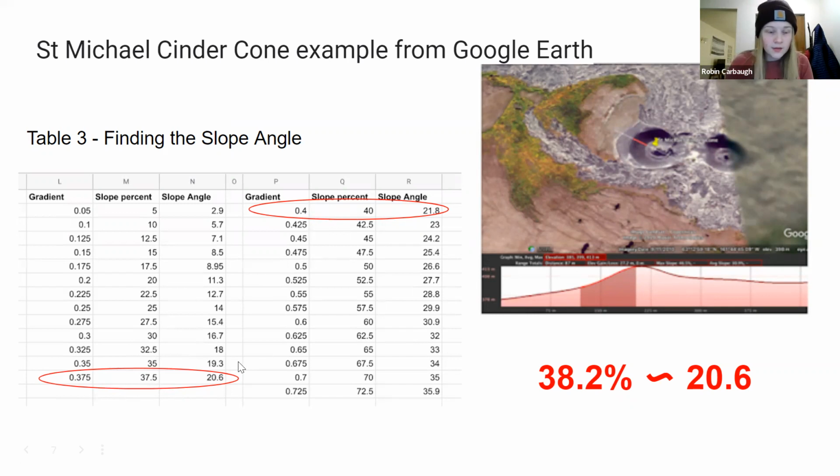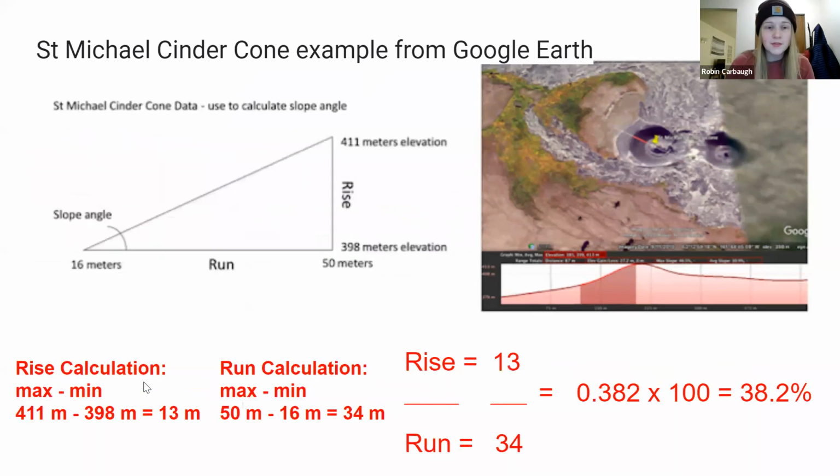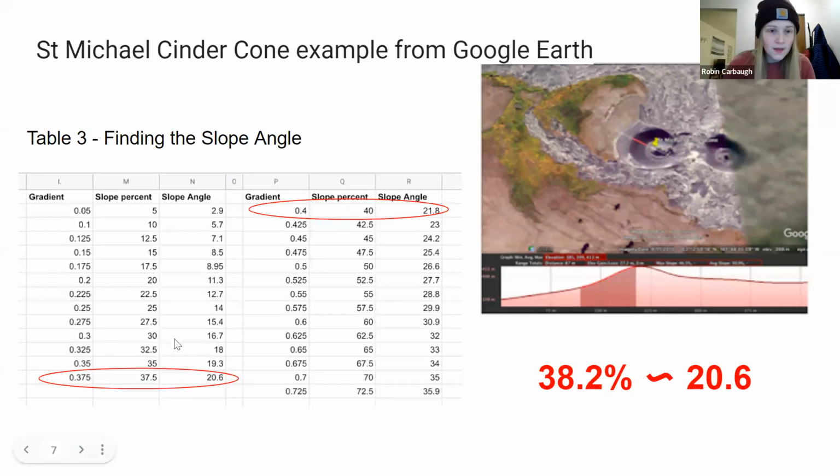I'm fine with either. I just said 20.6 for this because it's pretty close to 37.5. You can also find the slope angle by using trigonometry. I think for this, you should be able to take the tangent as well to find the slope angle, but you don't have to, just so you know where the math is coming from. But you can just use this table.